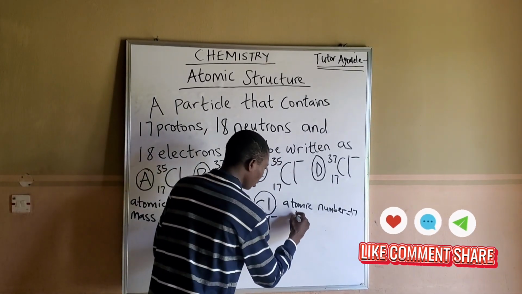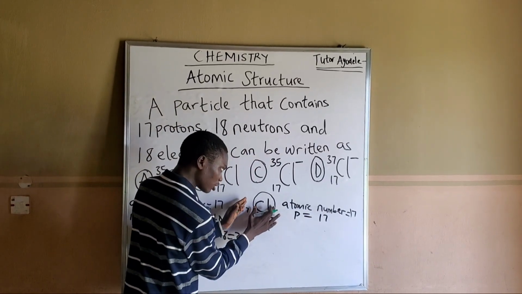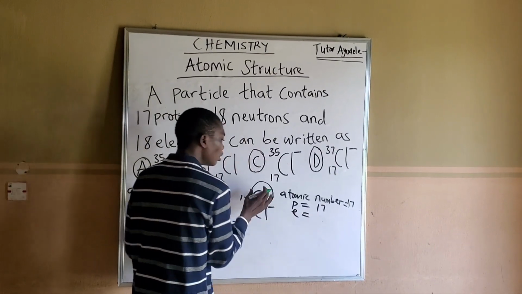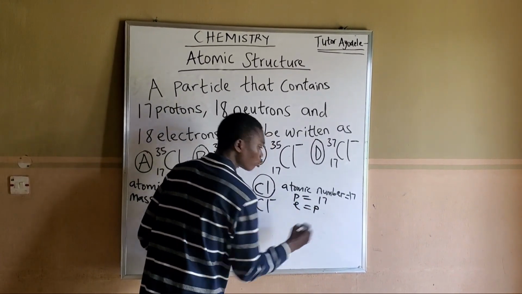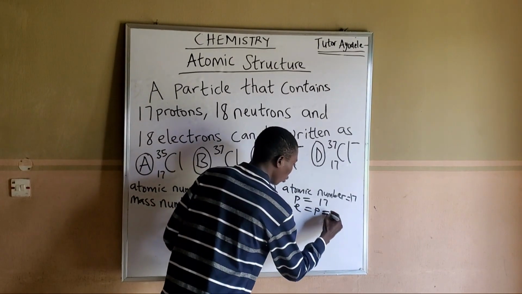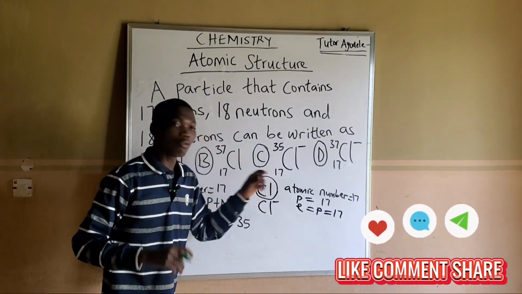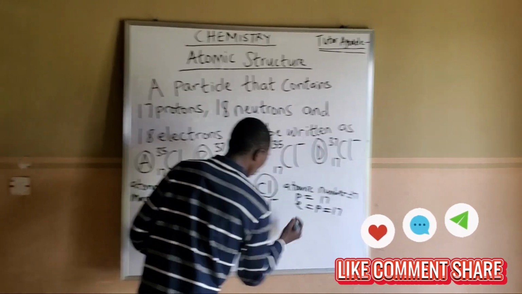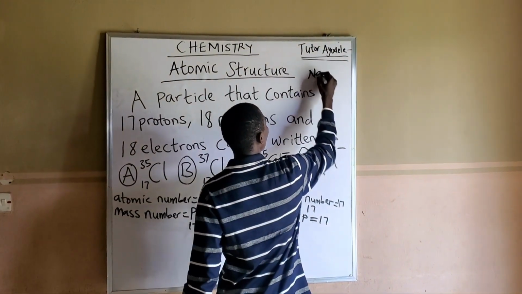The proton number, let me represent it as P, equals 17. I'm still talking about the neutral state. The electron number in the neutral state is the same thing as the proton number, and it equals 17. This is applicable for elements in the neutral state, not only chlorine alone. For example, sodium is also there. It can be sodium in this form.